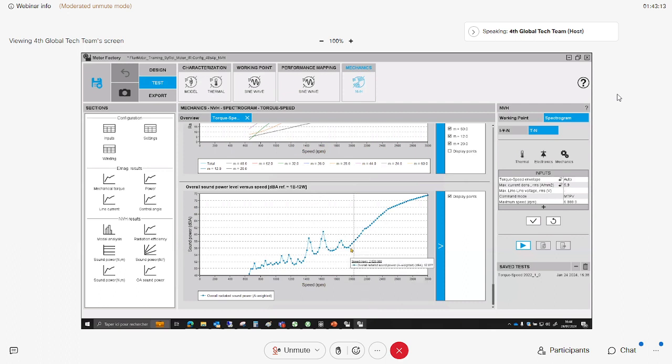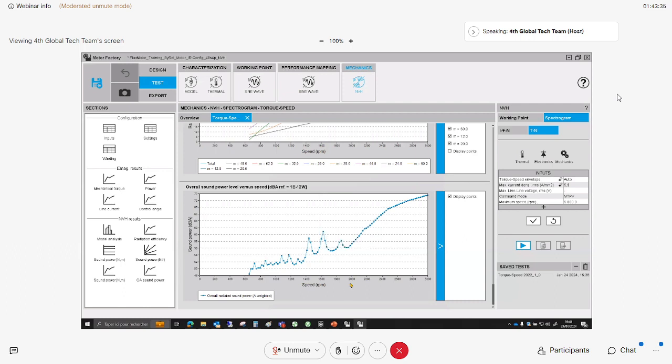Let me have a look at the working point at 2000 RPM. It's 67 dBA here, but fortunately we are not in this working point where we have this resonance.